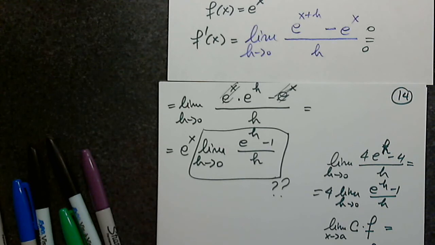And what will you plug in? Not e to the x. You will plug in numbers closer and closer to 0 from either side. Of course, the limit is when h approaches 0. e to the x has nothing to do with the problem at this time.